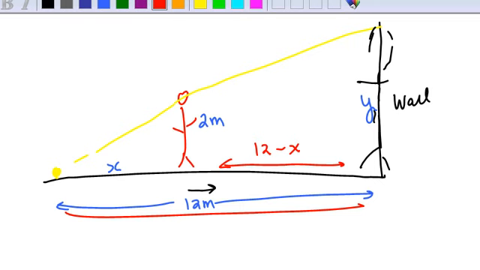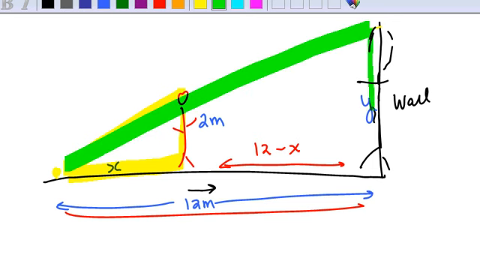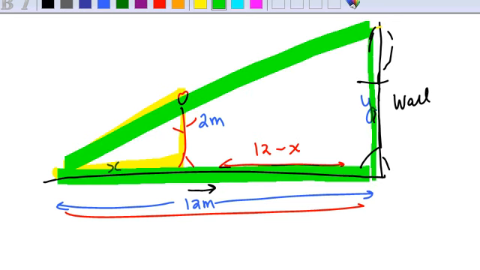Another relationship that works is the relationship between similar triangles. We've got a similar triangle right here, I'll do it in highlight. There's one. It's similar to this green one, because the angles are all the same. That means I can establish the ratio of sides.